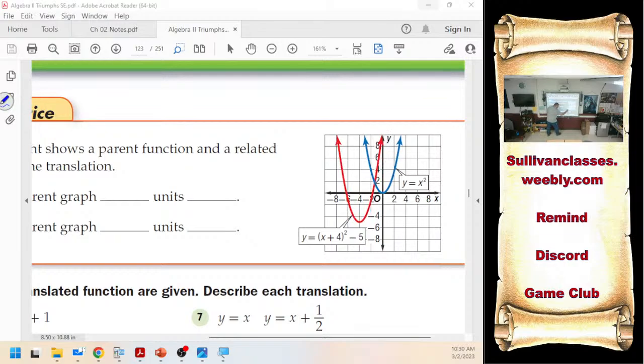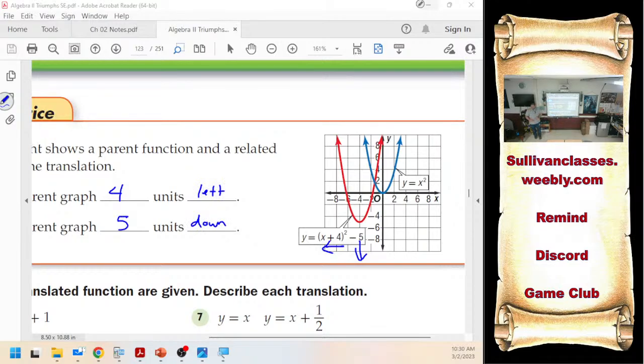Now I'm going to look at this. It says +4 and it's inside the grouping. So it's bass-ackwards. I see -5 outside the grouping. So heads down. I just write those real quick and say 4 units left, 5 units down.